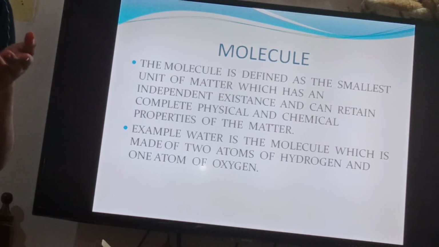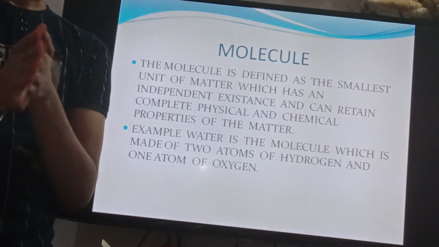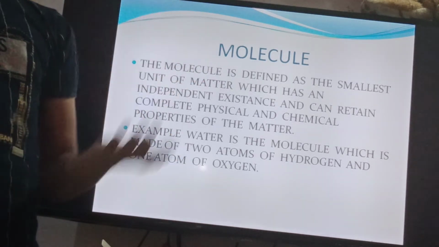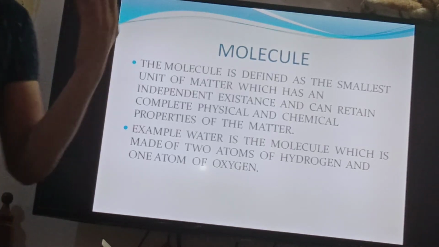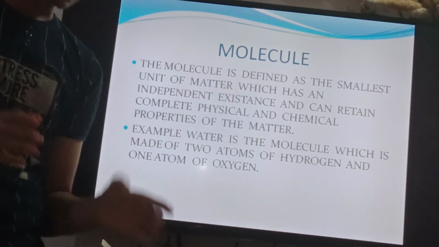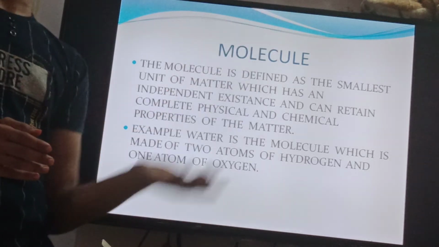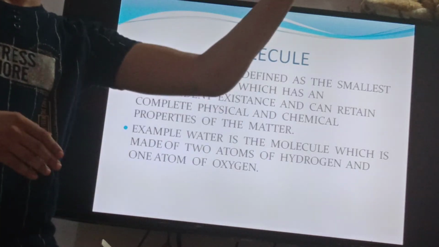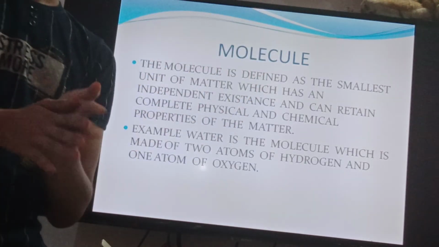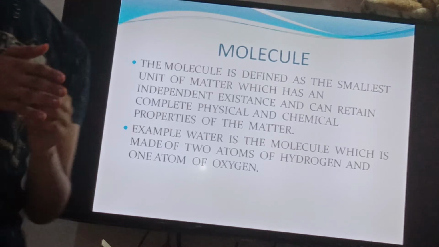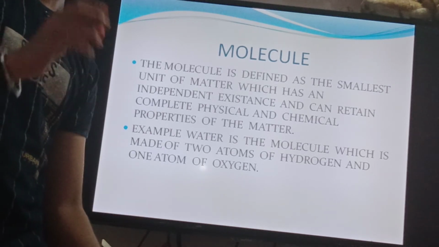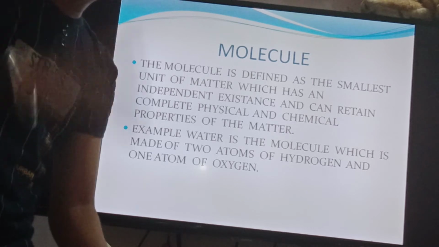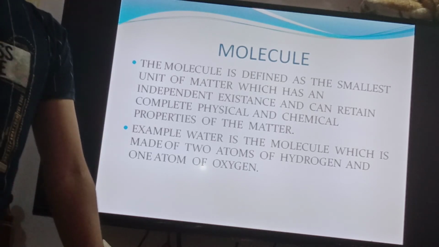Means if you are thinking that we will combine H2 and O, make water, and then we boil the water and it will evaporate and make vapor. So you are thinking that if it evaporates, H2 will separate and O will separate, but this is not correct, because the water is not divided, means it cannot be divided.